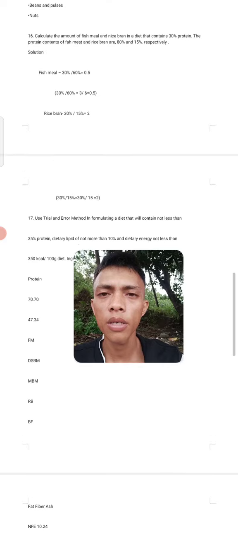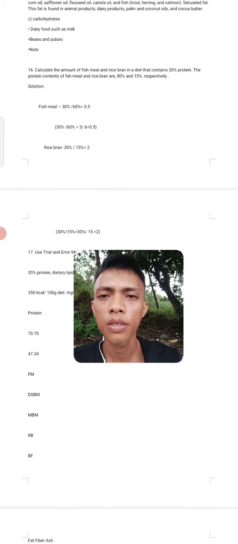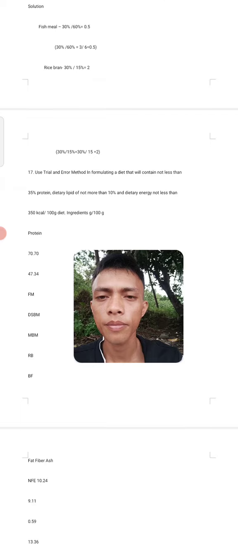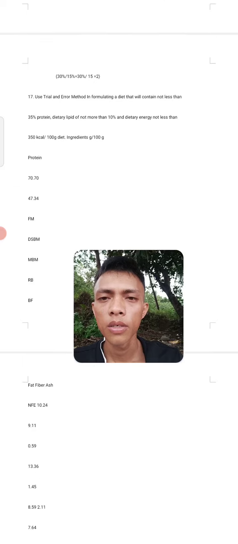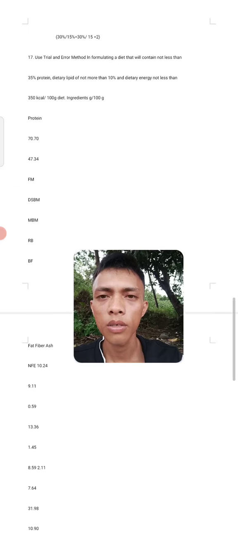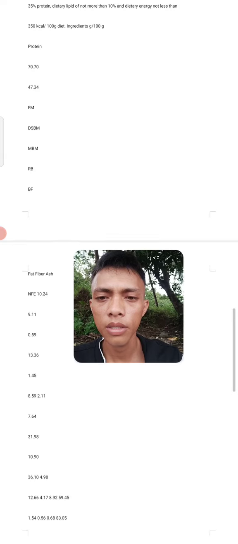So that is the formula of fish meal and rice bran. So that is my answer to number 17.